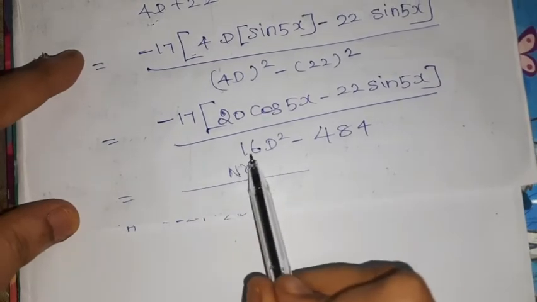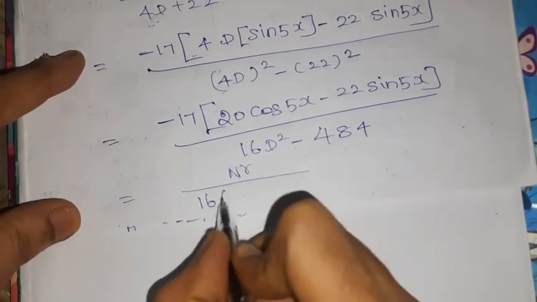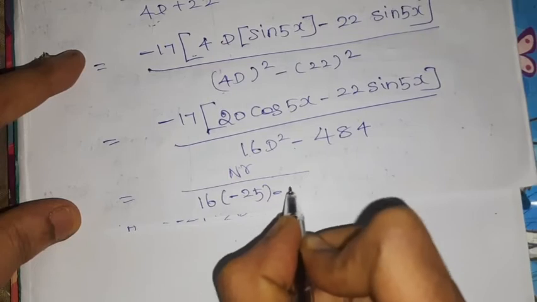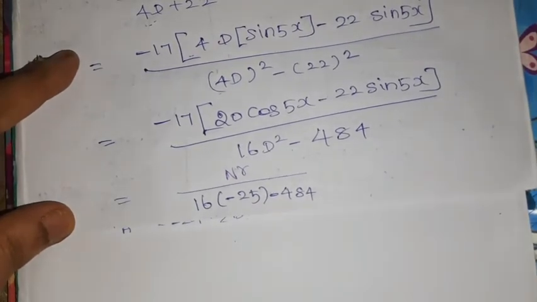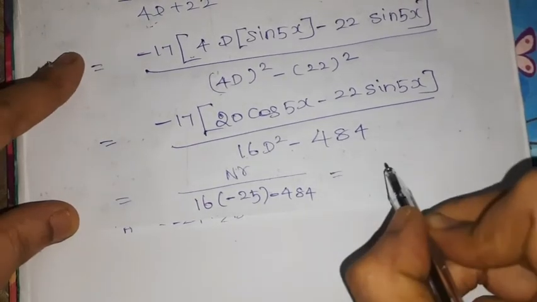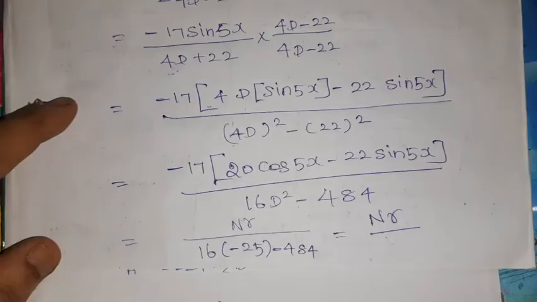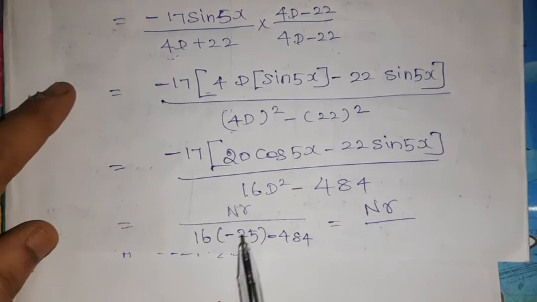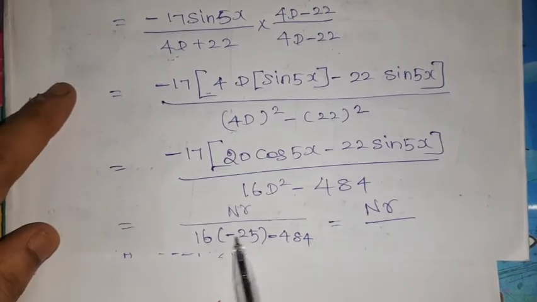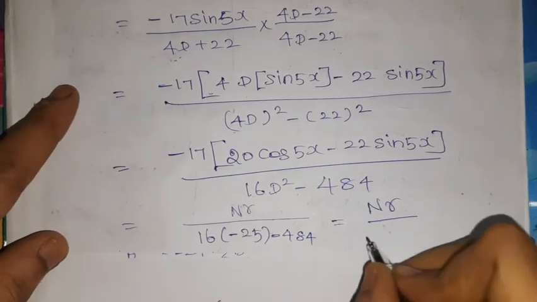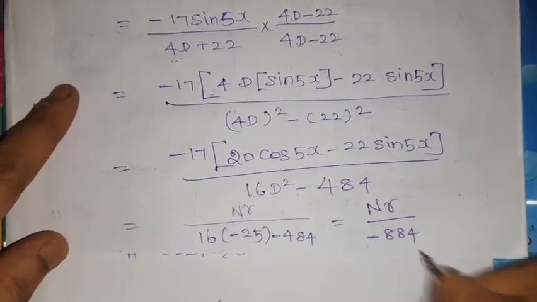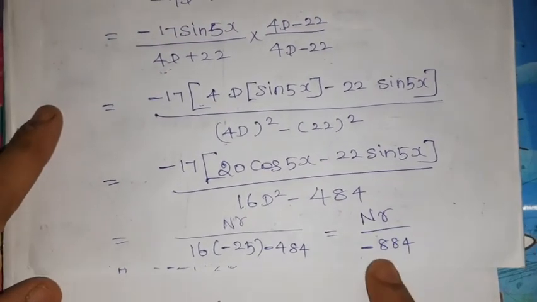For 16 into minus 25 minus 484, this is just numerical. Simplifying, 16 into minus 25 is minus 400, minus 484, we get minus 884. The numerator is divided by minus 884.